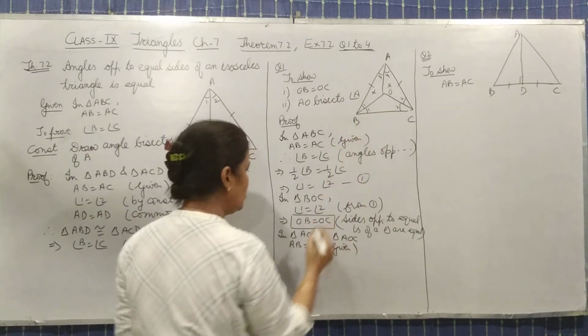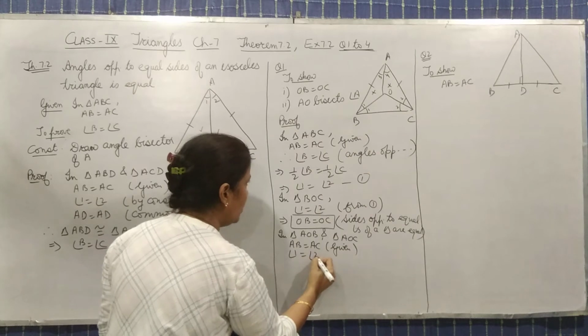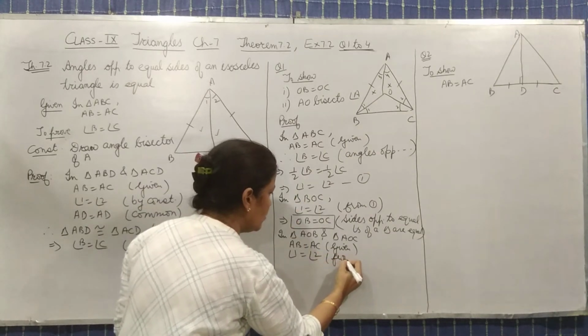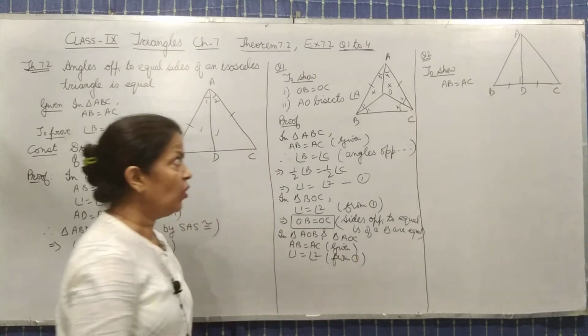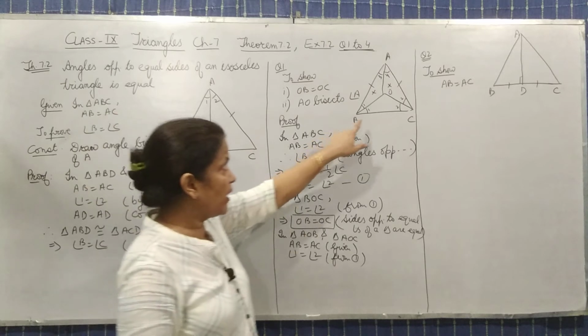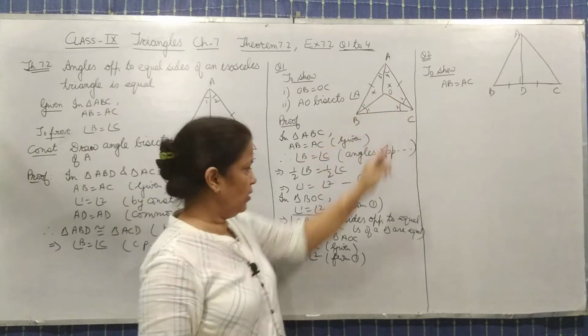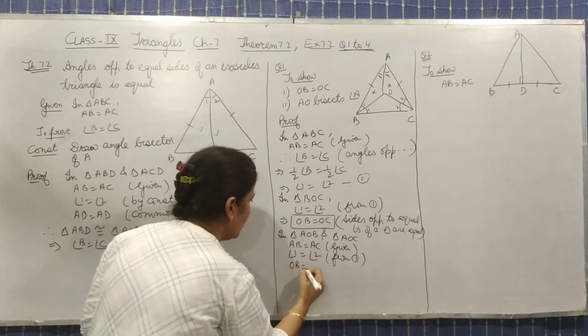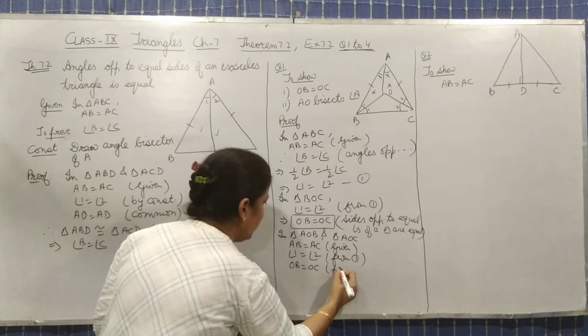Angle 1 equals angle 2, from the first result. What should be the third thing which you will take? Tell me. Look, OB equals OC, we have just proved this, OB equals OC proved above.